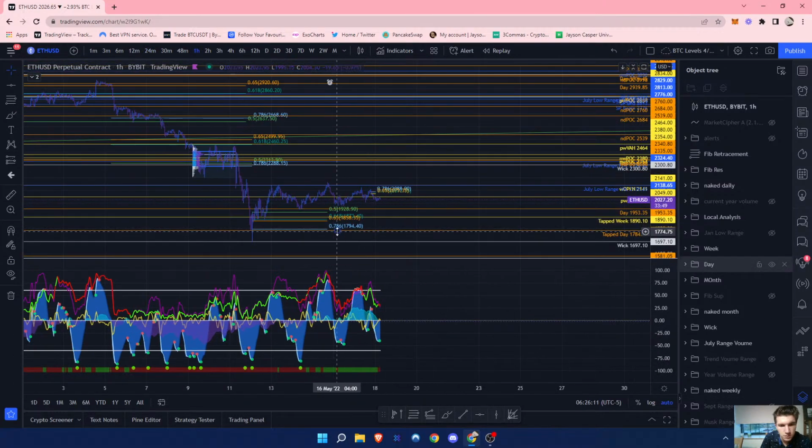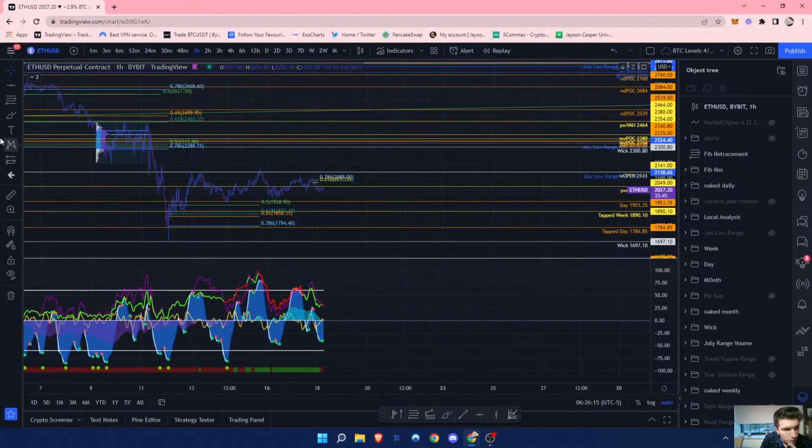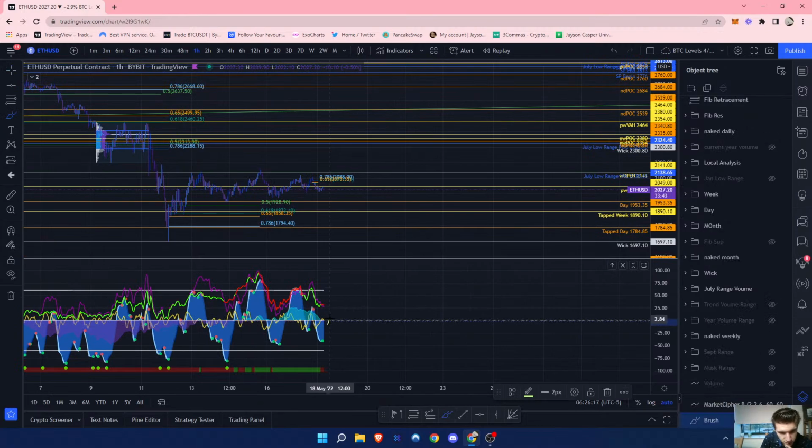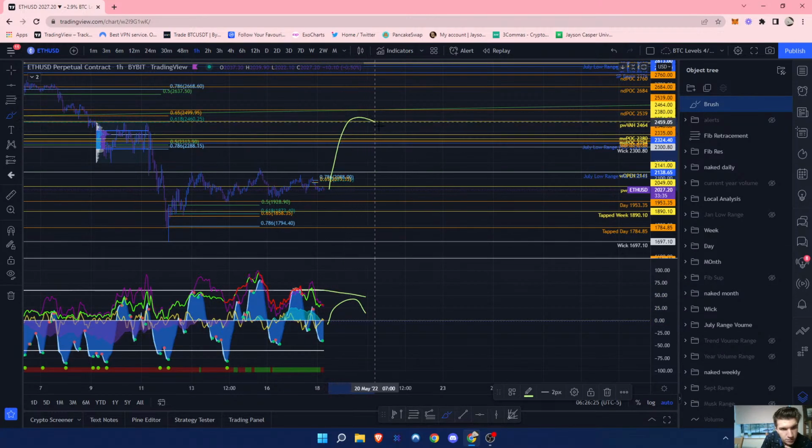This will be more of a 1 hour move. This one is kind of more tricky, but again, another trigger wave like this, momentum coming up, and then we'll have price coming up like this, rejecting.